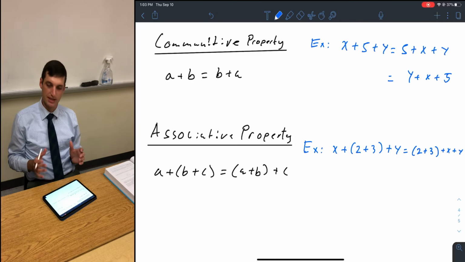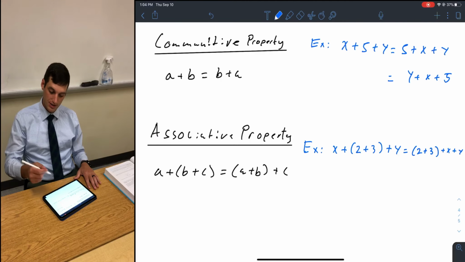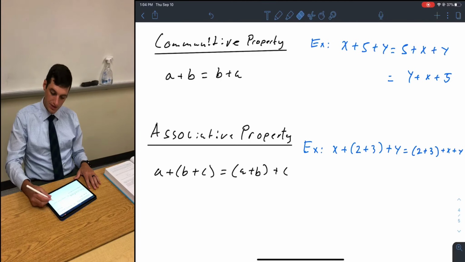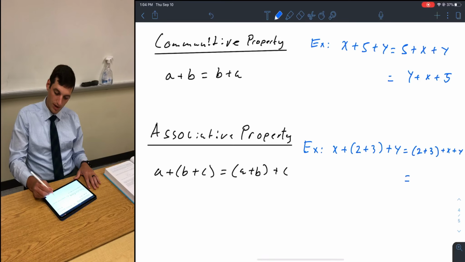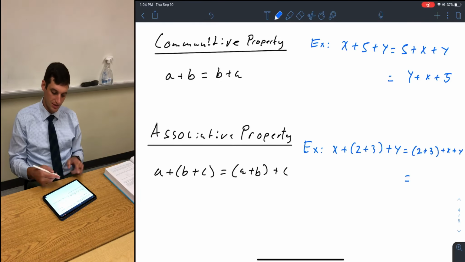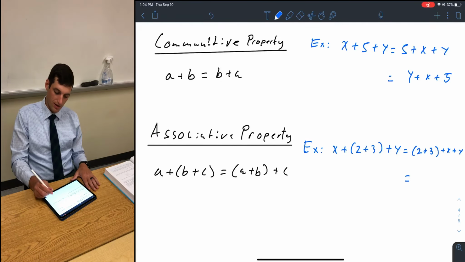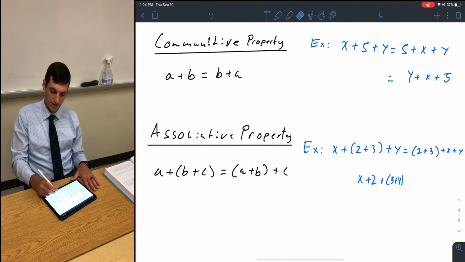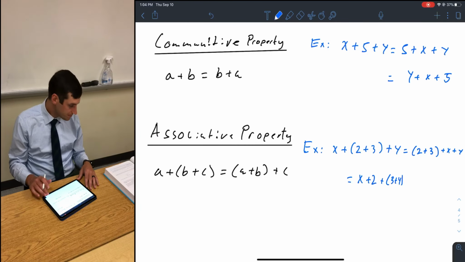So what it's saying is that that group of numbers I can move around. And since this is addition, I can move it around. Like if you notice over here, it's b plus c. It's also a plus b over here. I can write it as x plus 2 plus 3 plus y, and it equals the same thing. So all of them equal each other.